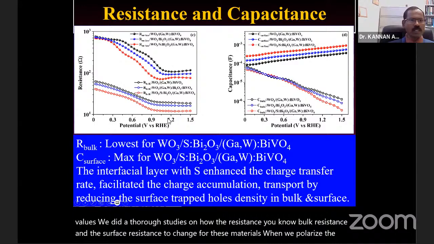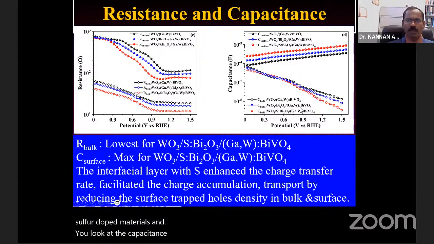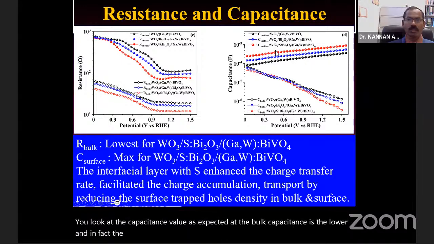Obviously the bulk and surface resistance is lowest for the sulfur doped materials. And as expected, the bulk capacitance is lower, and the surface capacitance is the maximum. That's exactly what we need for the Helmholtz layer.